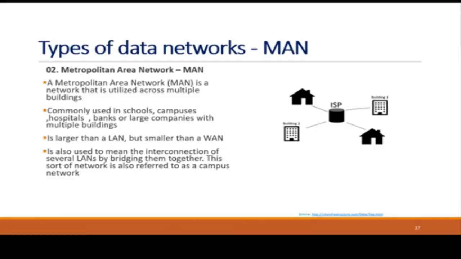Now we know LAN. Now we know MAN. A MAN is probably owned by private owners, but there can be instances where MANs are used as a public network.